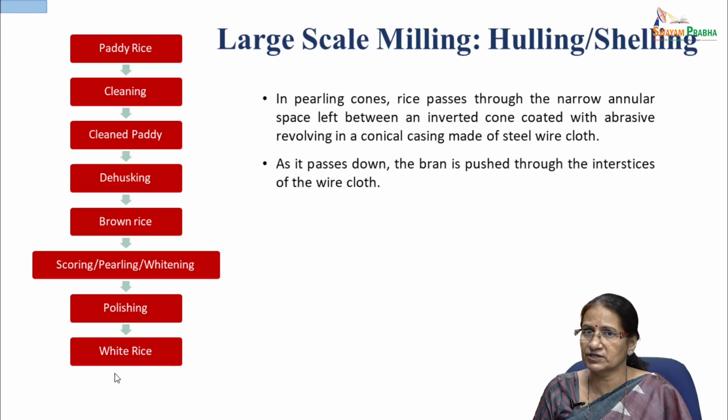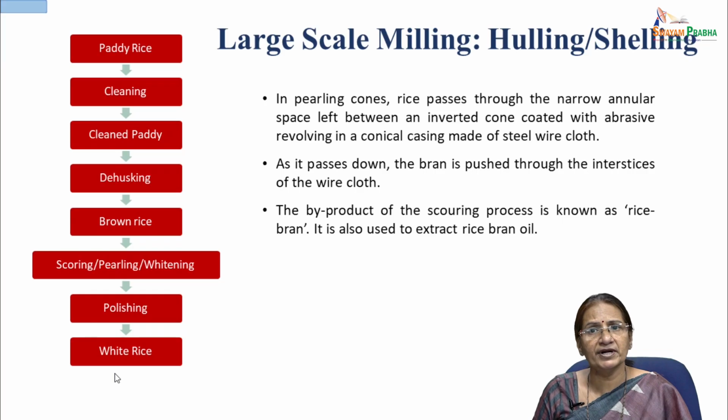As it passes down, the bran is pushed through the interstices of the wire cloth. The byproduct of the scouring process is known as rice bran, which is used as animal feed. It is also used to extract rice bran oil.